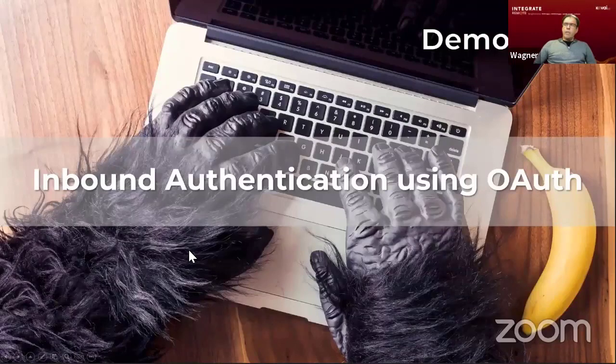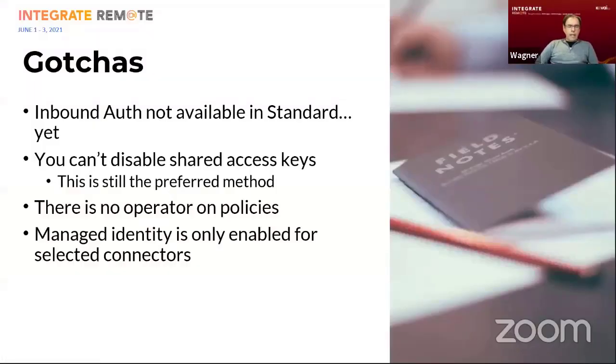Let's think about some of the gotchas. You probably noticed that for that demo, I was using logic apps consumption. Ideally, I would be doing that with logic apps standard, if I could. Not that we're always going to be doing things with standard, but just to show the capability there. But inbound authentication is not available in logic apps standard yet, and the stress is on the yet, right, it is something that is going to be coming in place.